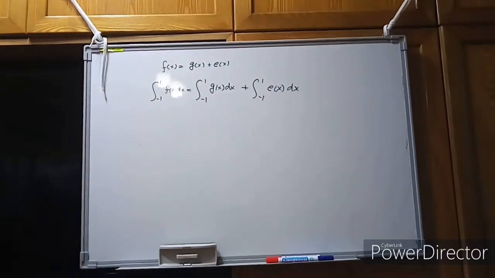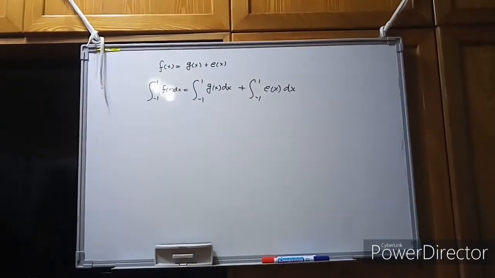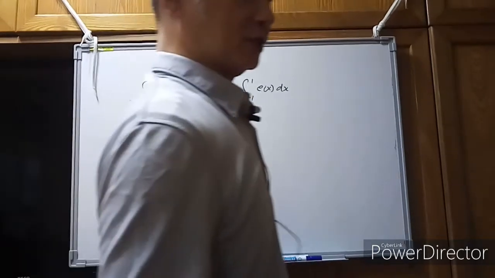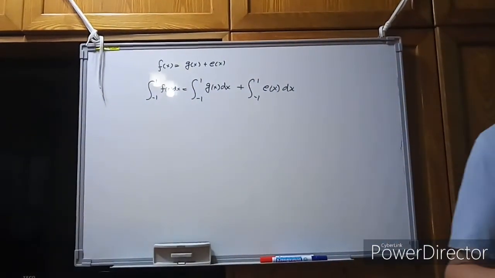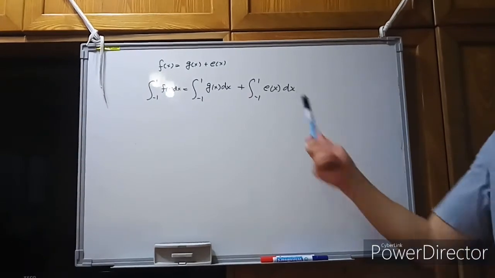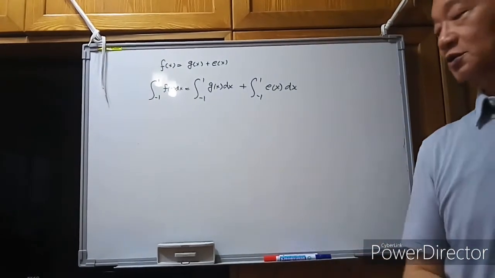Okay, so by the definition of the error function, the integration of f will be equal to the integration of g of x plus the integration of the error function.